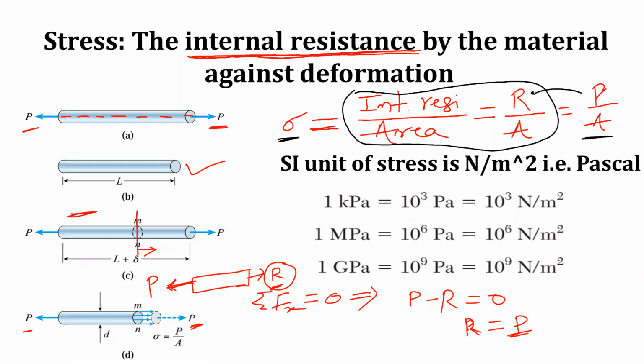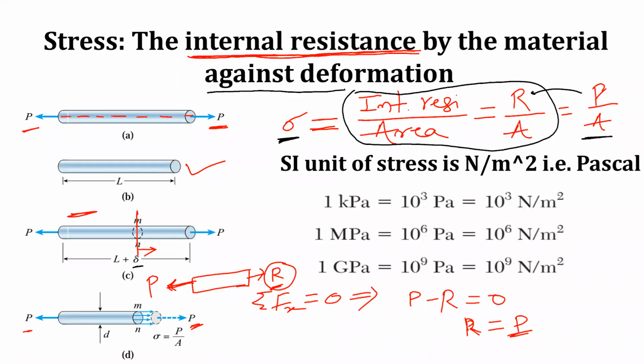That's why the technical definition is internal resistance by the material against deformation. Because of this load there will be some deformation delta, and the material will resist this deformation. That's why sigma is called internal resistance by the material against deformation.